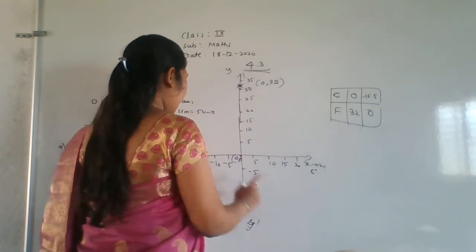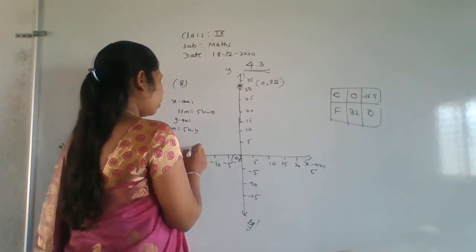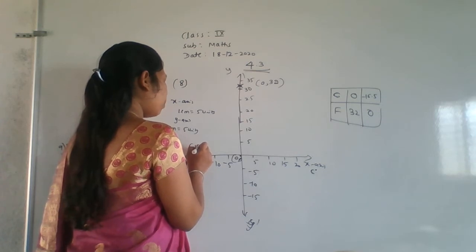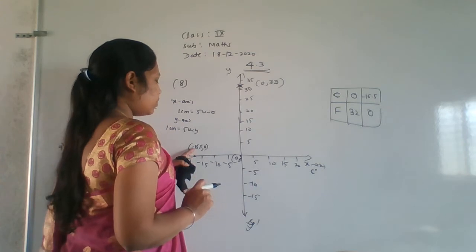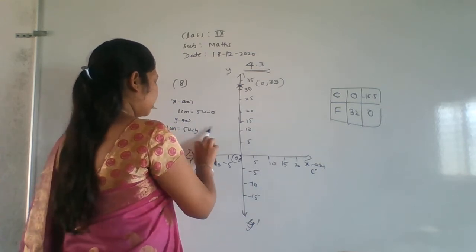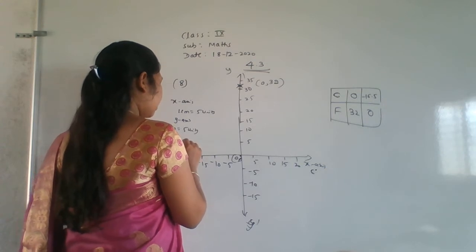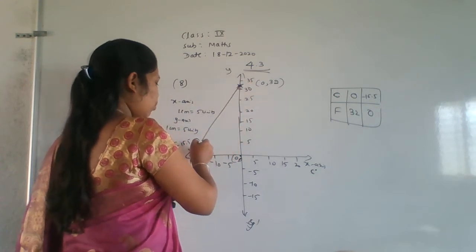Next, minus 15.5 is somewhere here. So this point is minus 15.5 comma 0. Now join these two points.